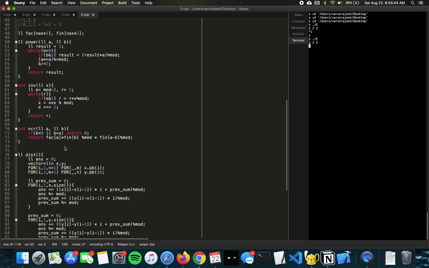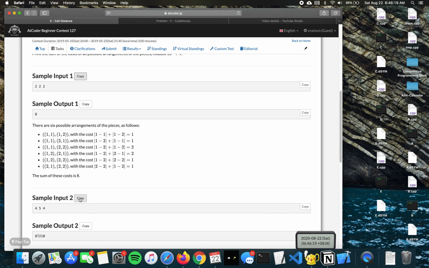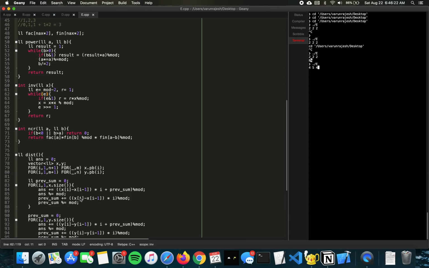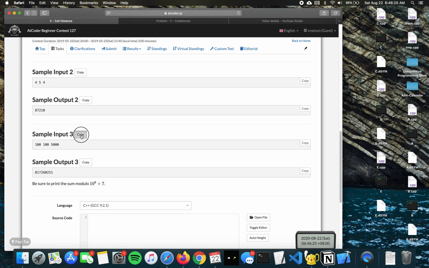Return fac a times fin b mod times fin a minus b mod. Okay, that looks right. Inverse is mod minus 2, r equals 1, while e, if e is odd, r times equals x mod mod, x equals x times x. Okay, that's 8. Small bug. That's right. Okay, this is right.